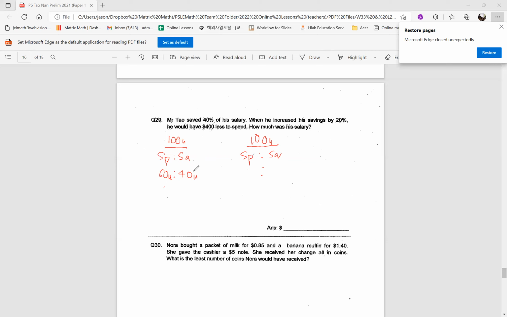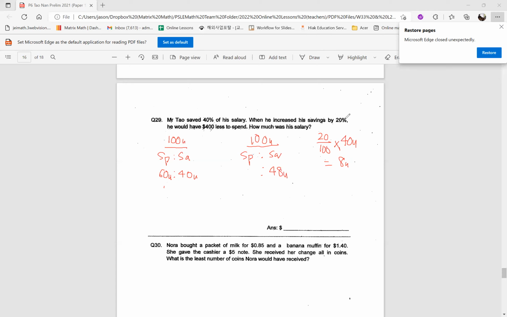I increase this 40 units by an extra 20%, which means it is 20 over 100 times 40 units. So the savings increased by 8 units. From 40 units, it increased by 20%. Your savings is now 48 units.